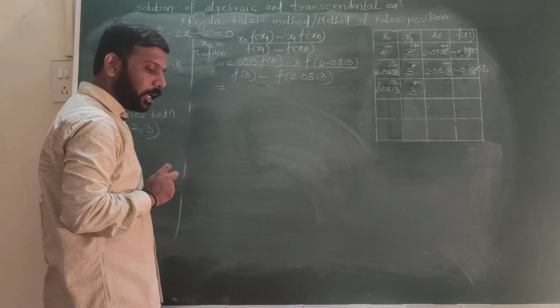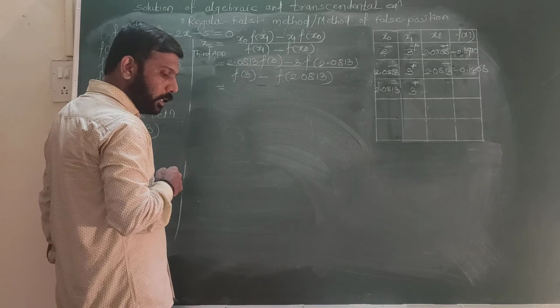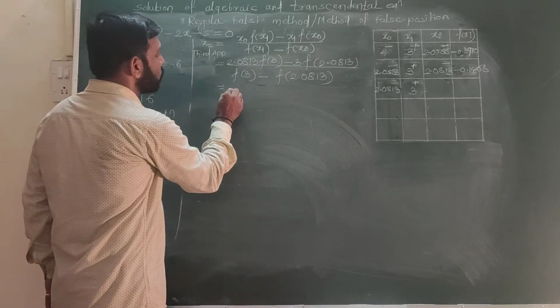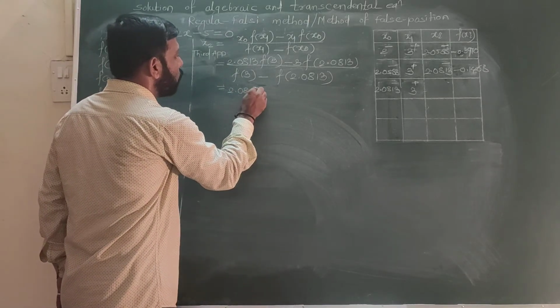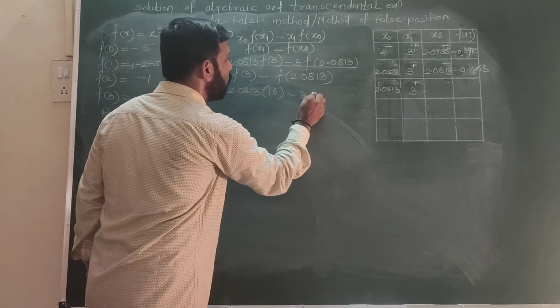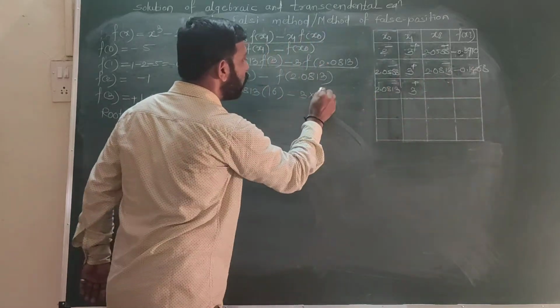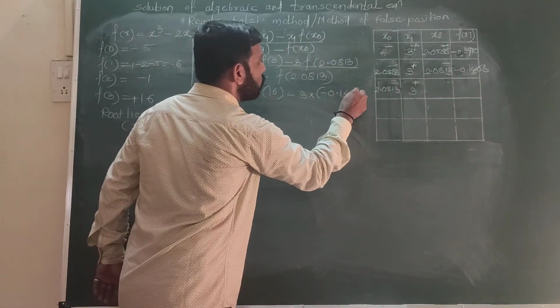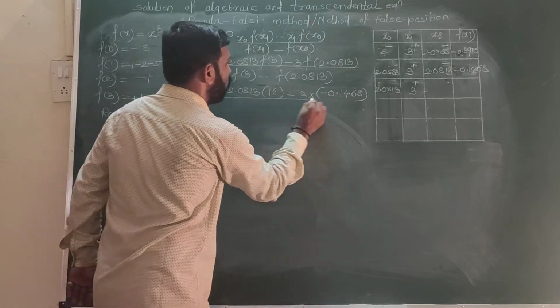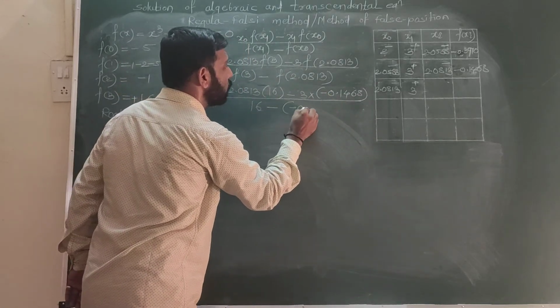Right now I have the calculated value for the next approximation x3: 2.0813, f of 3 value 16, minus 3 times f of 2.0813, which we previously calculated, upon these two bracket values in the denominator with the minus sign.